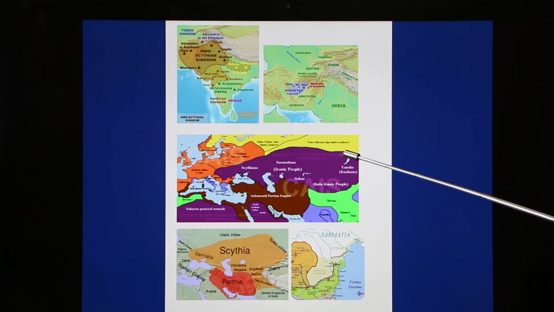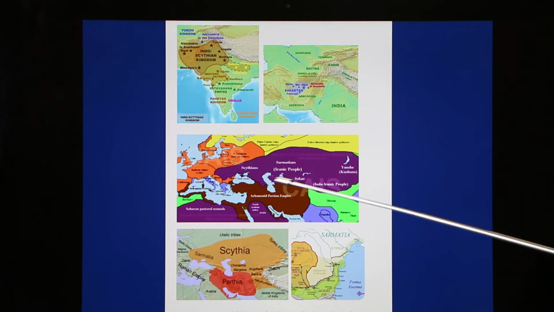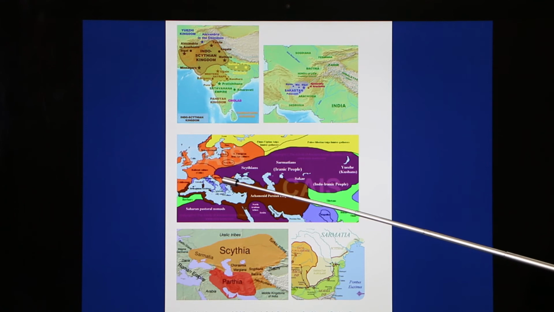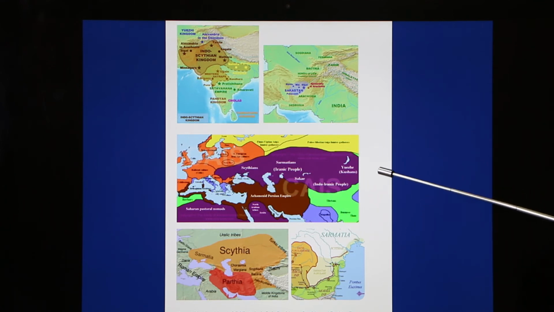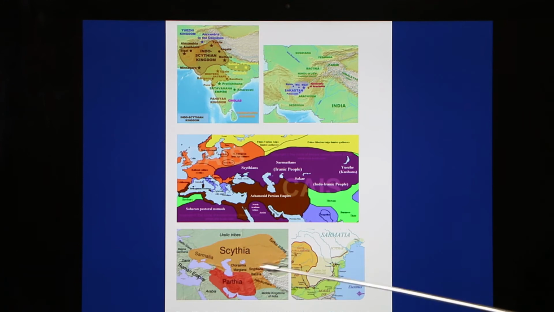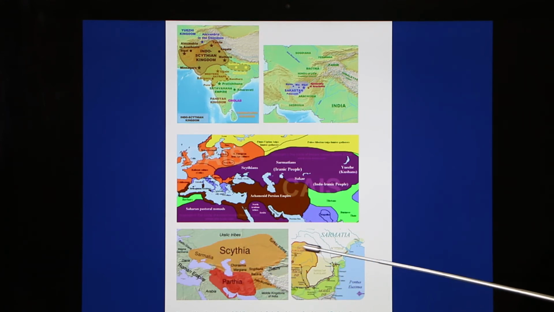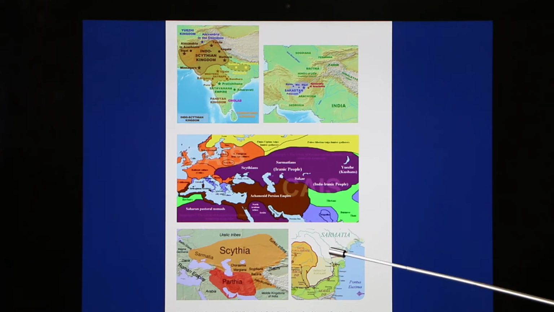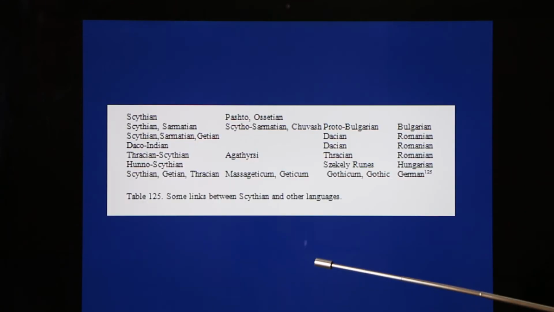Then we have a large view of the Scythians here and the Sarmatians there, going all the way from Europe to nearly the Far East. Then we have Scythia, again, stretching over this enormous area, not just between the two seas. And then we have Sarmatia at the Black Sea with Scythia there.